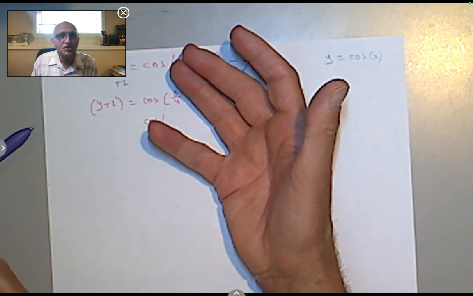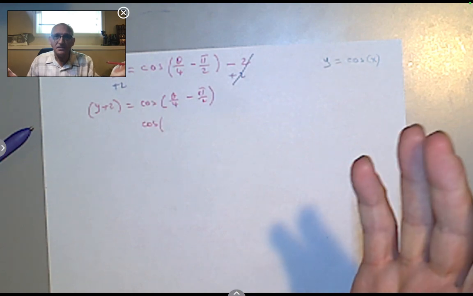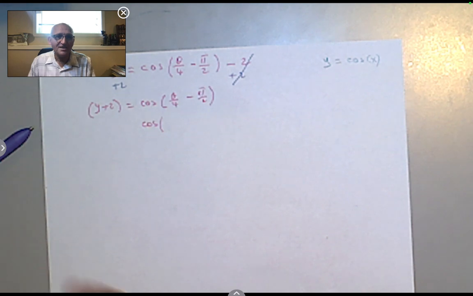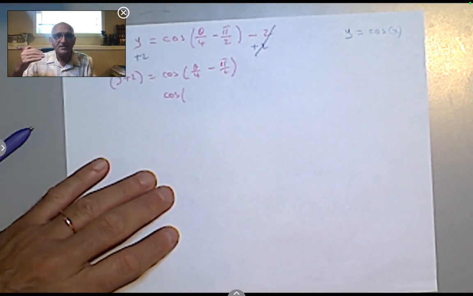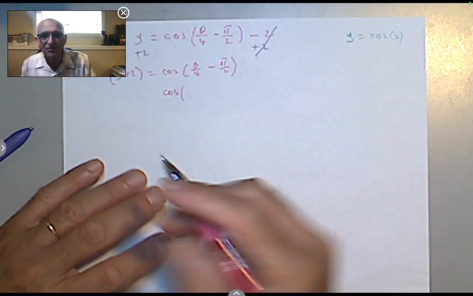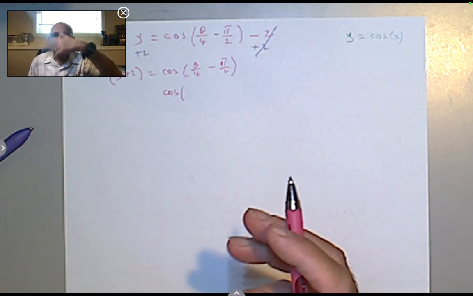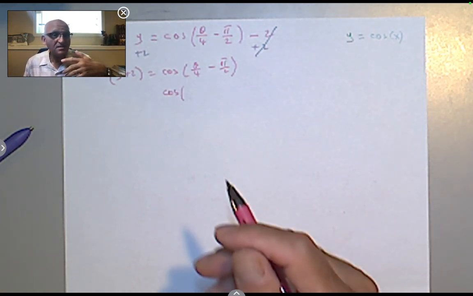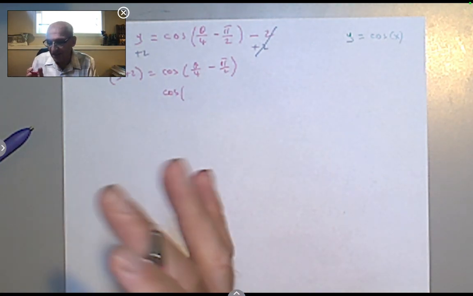I'm showing this to you so you can see what the translation means, what dilation means, what reflection means, and so on and so forth. Instead of having a very rigorous way of doing it, and then a few years down the road you would say, oh my god, I can't remember, is it plus, does it mean up or down, is it right or left, because they treat the x differently than the y, as you might have already experienced.